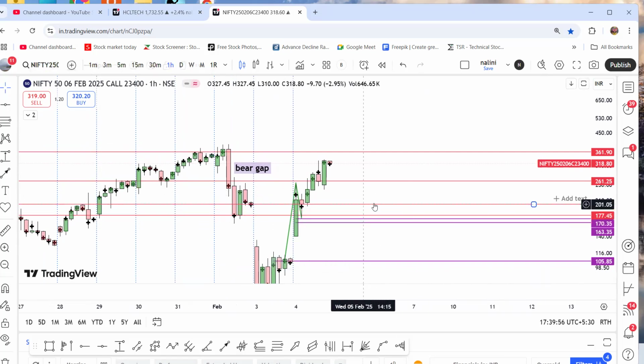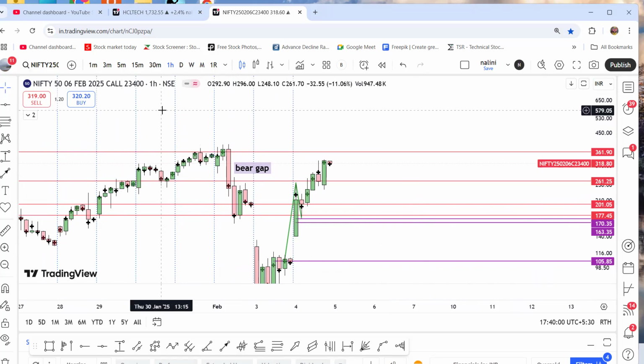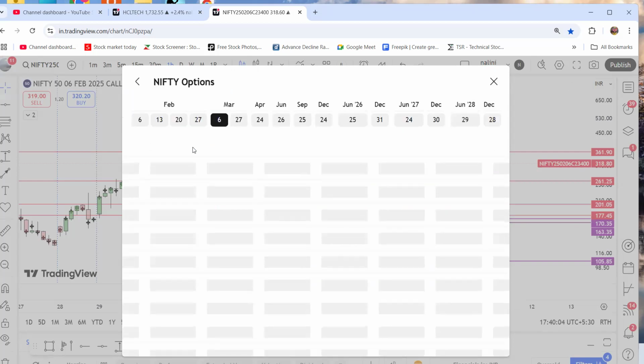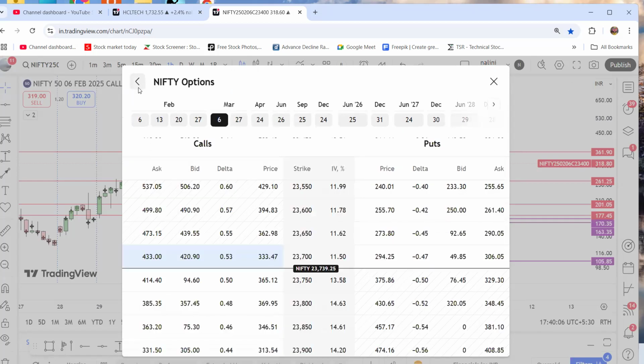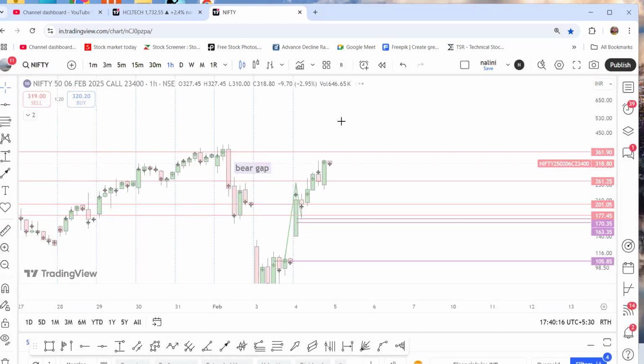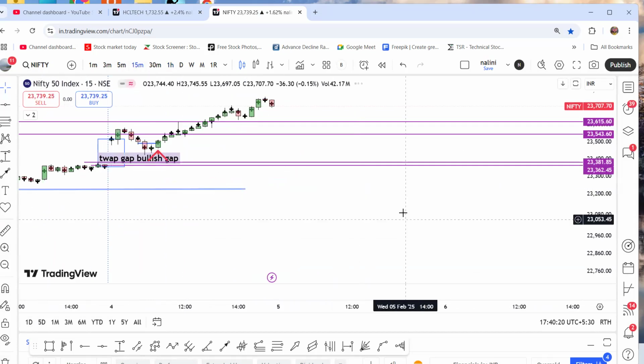So this is an option thing, but if you go to the underlying, I'll show you how the gaps are filled. TWAP gaps will help you identify the dynamic liquidity in the market. Click on this Nifty 50 underlying. Okay, let me go to the 15 minutes time frame.